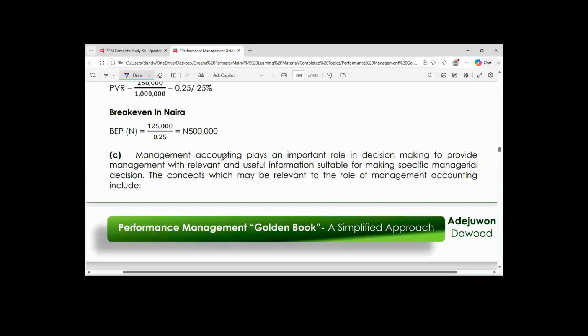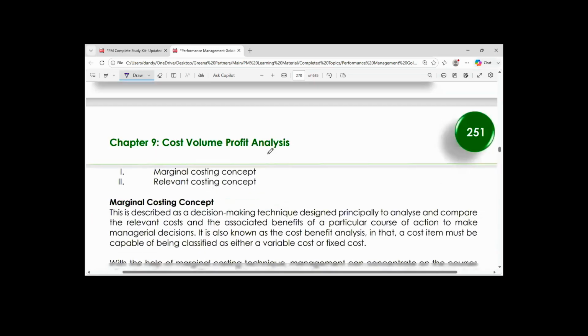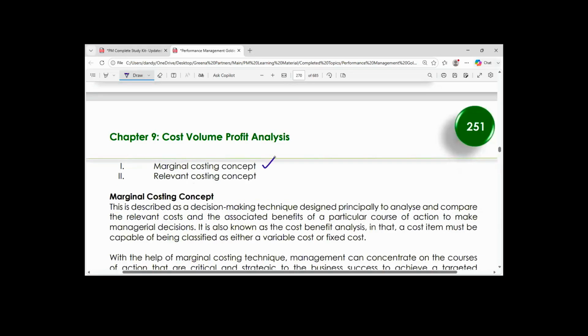So this is how you are supposed to answer requirement number C. Management accounting plays an important role in decision-making to provide management with relevant and useful information suitable for making specific managerial decisions. The concepts which may be relevant to the role of management accounting include marginal costing concepts and relevant costing concepts.